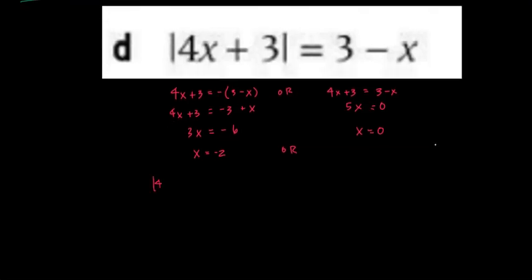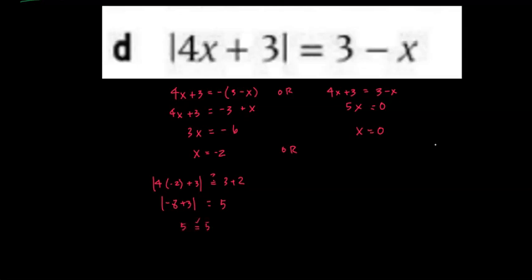For this one, absolute value, 4 times negative 2 plus 3. Does it equal 3 minus x? 3 plus a 2. So we have a negative 8 plus 3 equals negative 5, and then absolute value of negative 5 is 5.